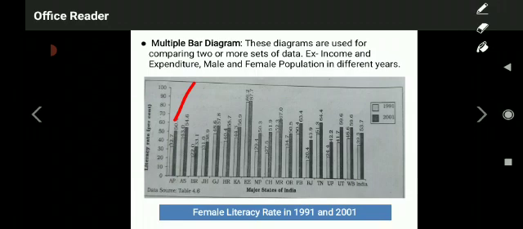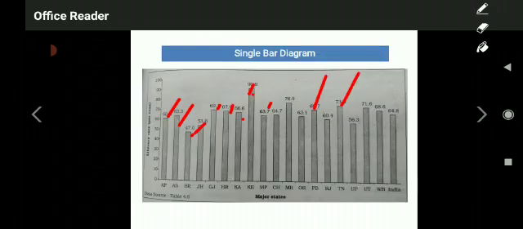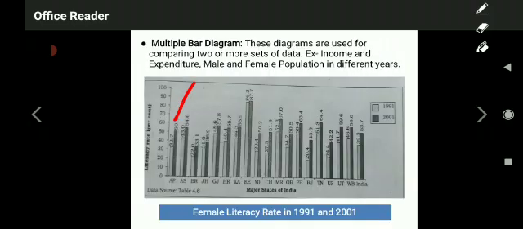Here it is 32.7 and here it is 50.4. On the same rectangular bar, you have to showcase both years' female literacy rate of Andhra Pradesh.